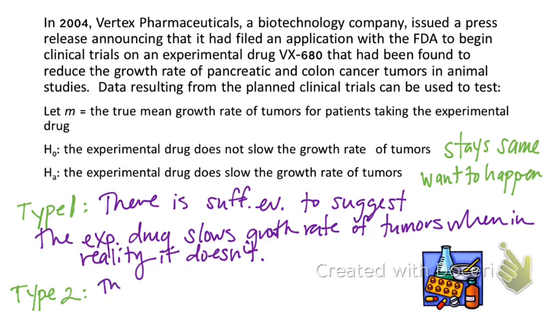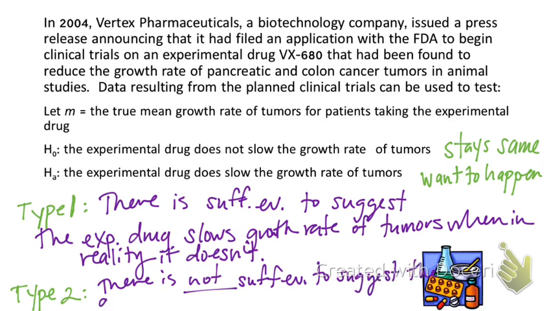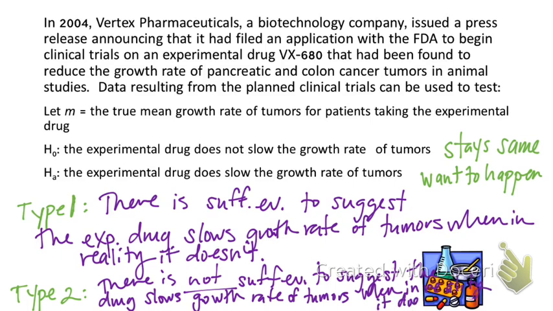So type 2 says there is not sufficient evidence to suggest the drug slows growth rate of tumors when in reality it does. Type 1 is saying that we think it's slowing it down, but it's not. Type 2 is saying we don't think it slows it down, but it does.